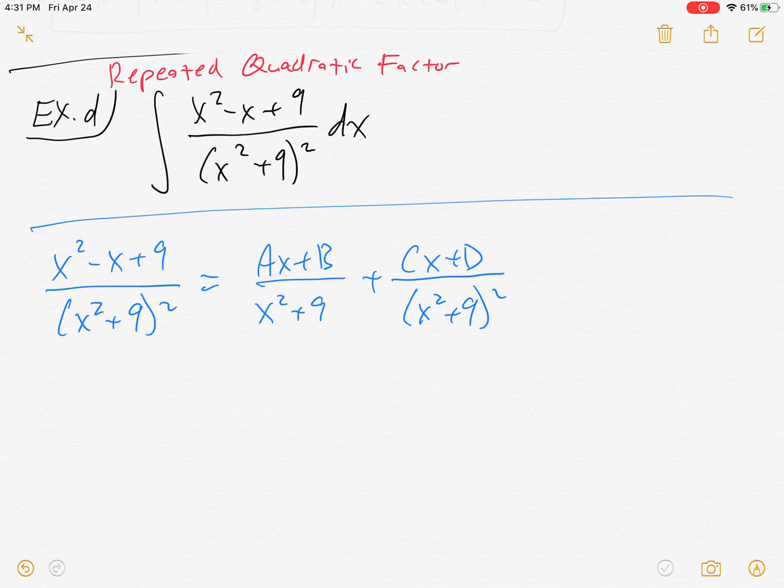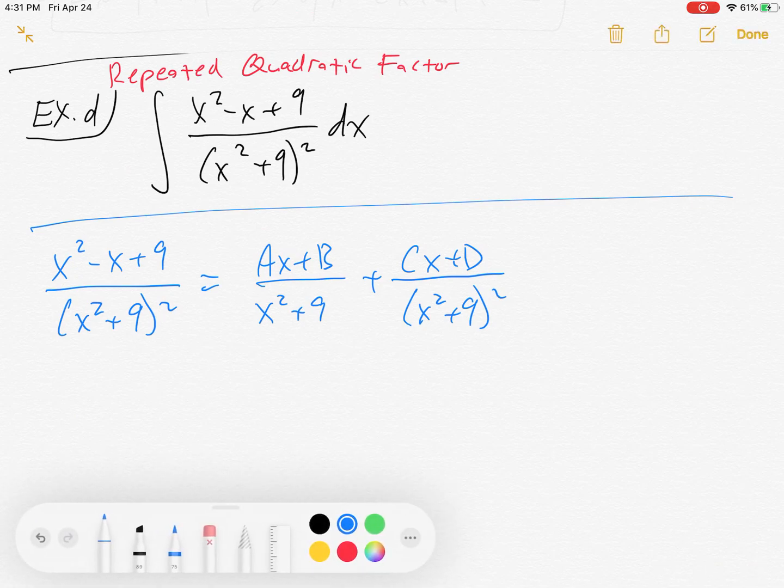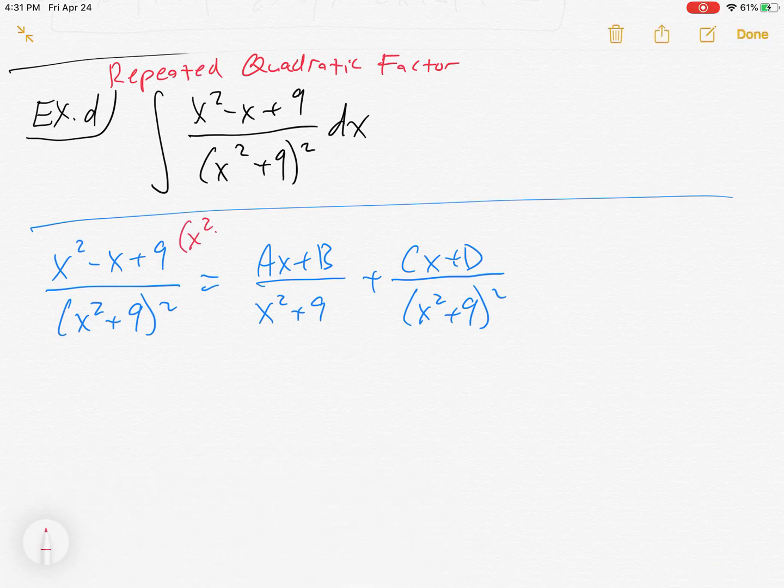That's type 2 like. Up top we have ax plus b on this one, and this will have cx plus d. Since these are irreducible quadratic factors, you put 1 degree less up top. On the right term, it's 1 degree less than the thing in the parentheses.